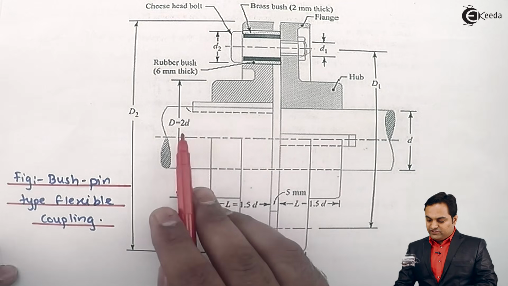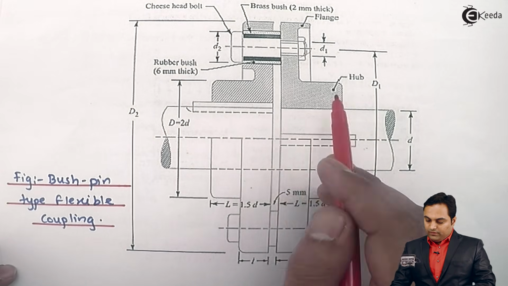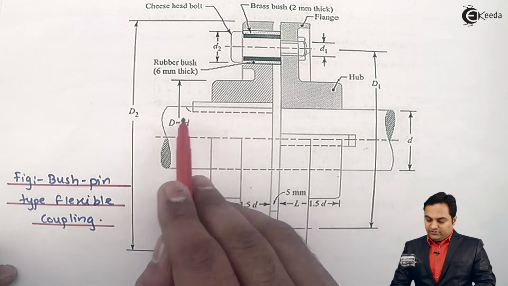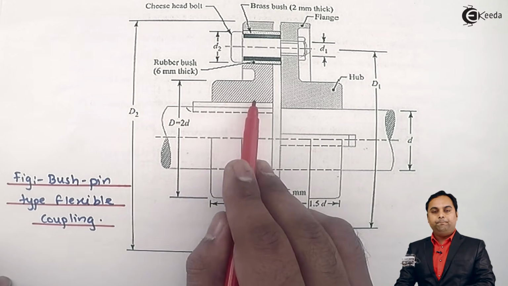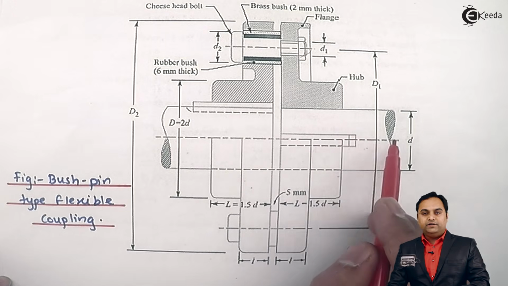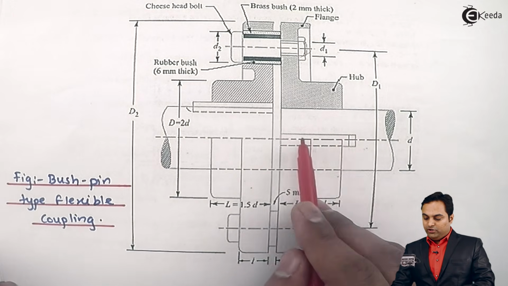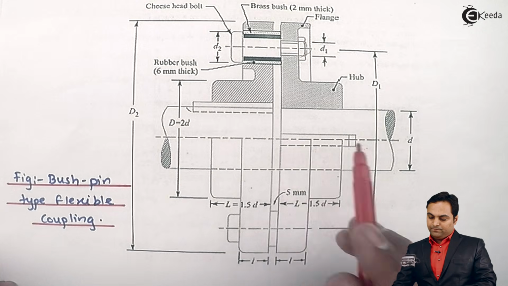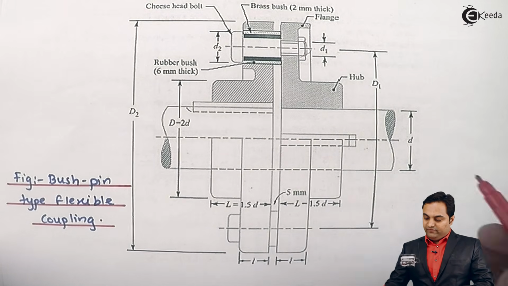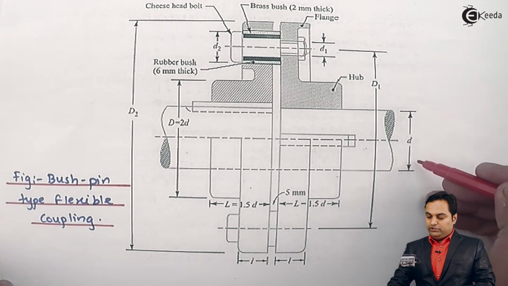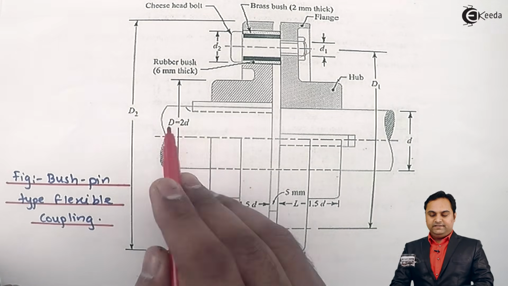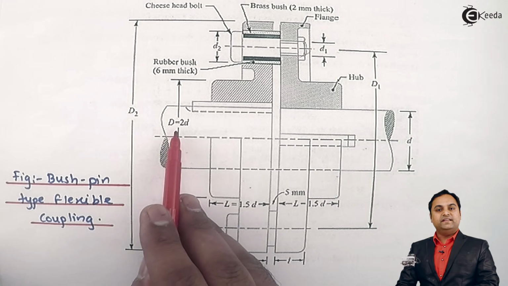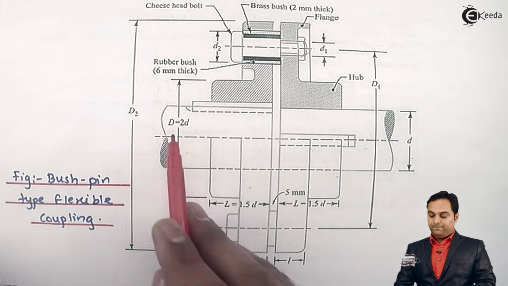Here both the shafts are connected. At first the shaft in the left half is connected to the hub with the help of a key. The shaft in the right half is connected to the hub with the help of another key. Next, small d is the diameter of shaft. Capital D is the diameter of hub, which is taken as 2 times the diameter of shaft.